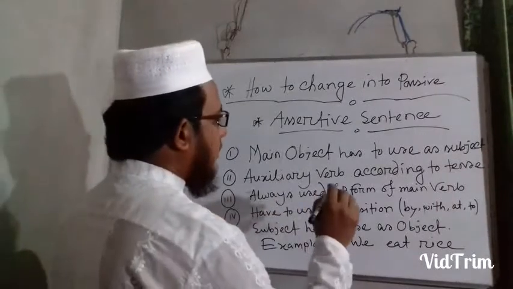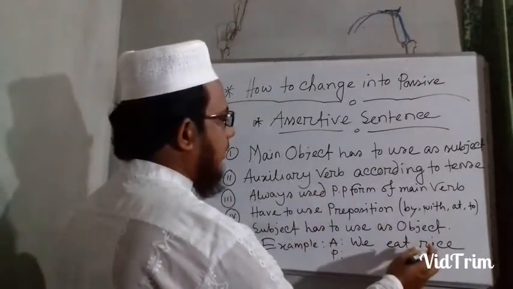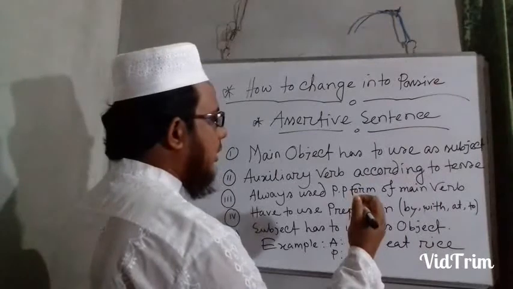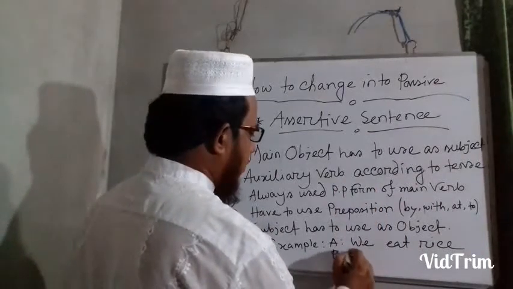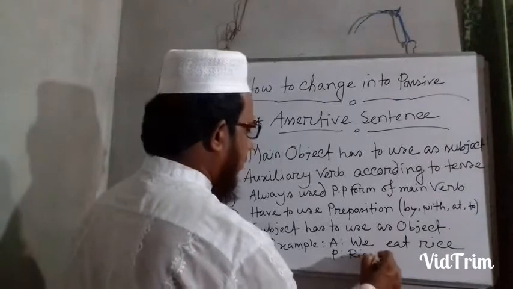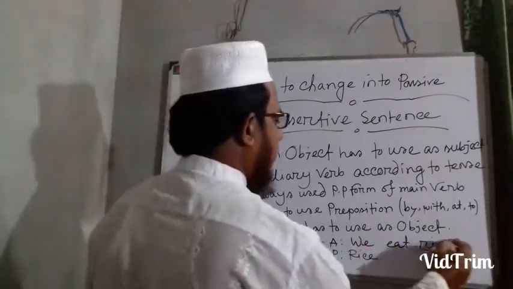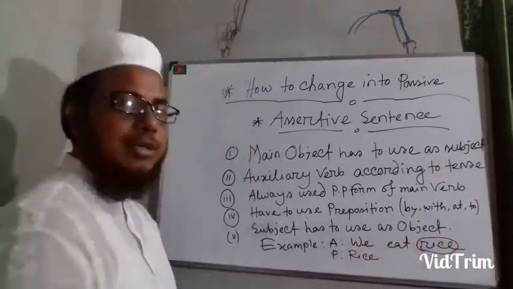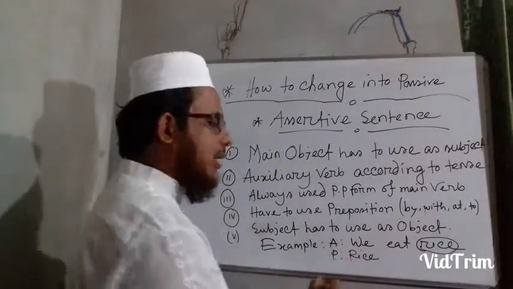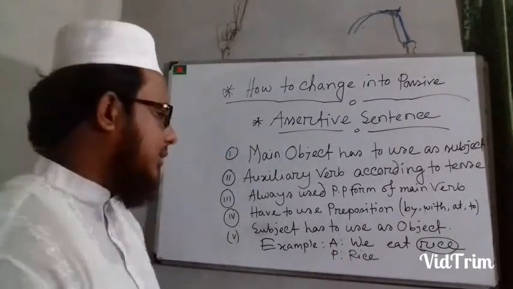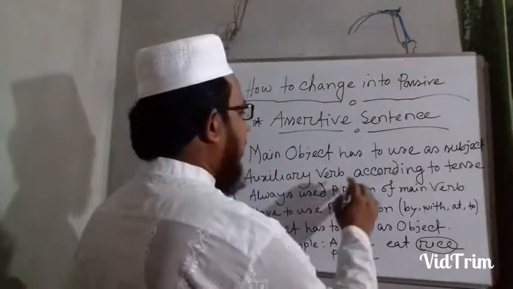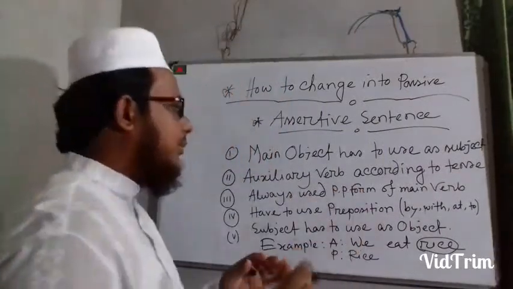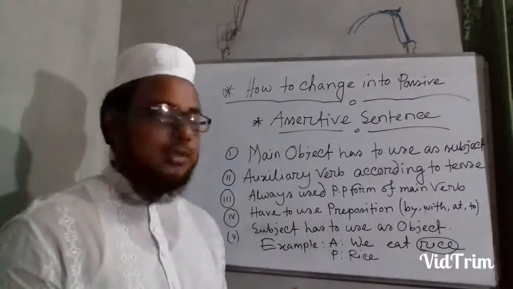At first, the main object of active voice, we have to use this as the subject of passive voice. So the main object we have already used as the subject of passive voice. And then the auxiliary verb according to tense.